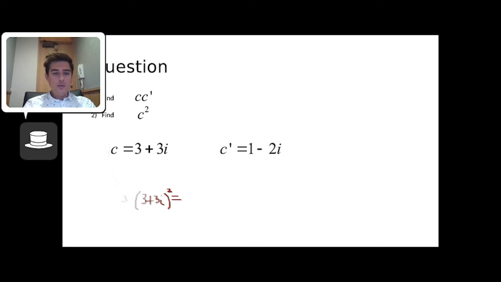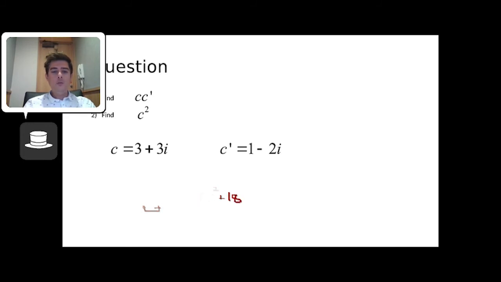We know how to do squares because it's always the first number squared, so that's 3 squared, and then the last number squared, so that's going to be 3i squared, and then 2 times the cross of the other two terms, so it's 2 times 9i, which is 18i.